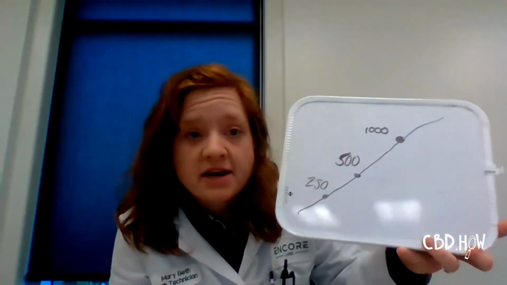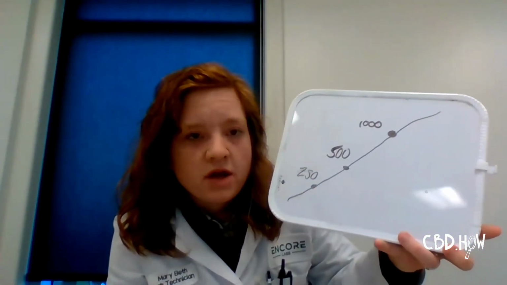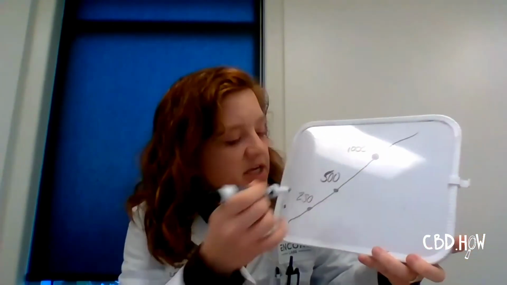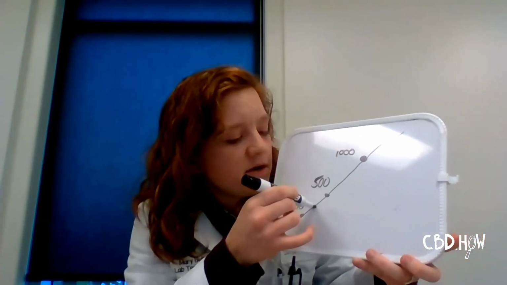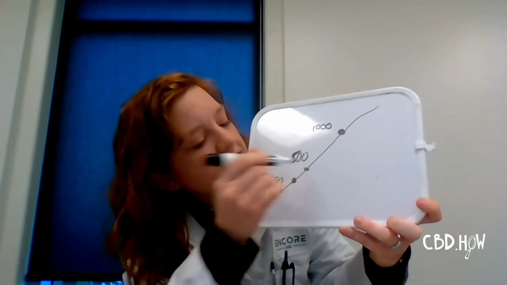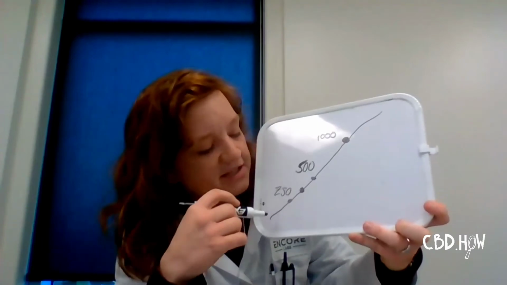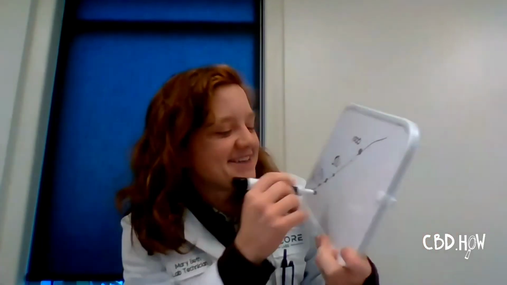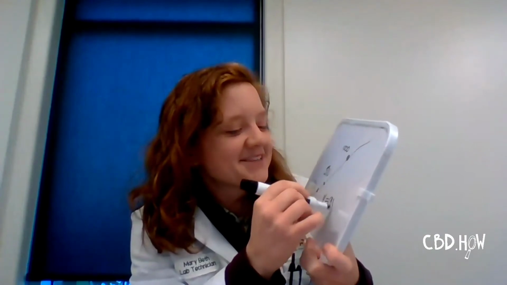And each time I now run an unknown, if I have a sample that comes out on the instrument, then the instrument knows it's between 250 and 500. This gets into your algebra lesson, right? This is y equals mx plus b.